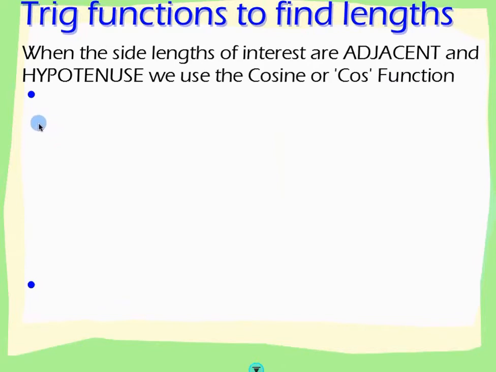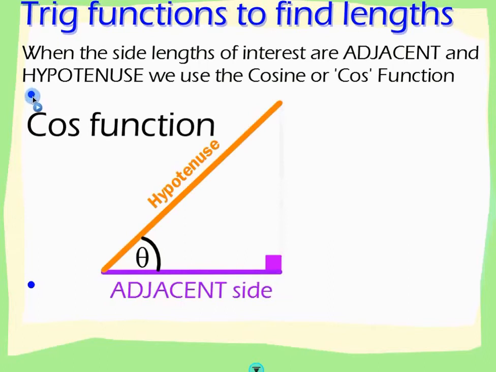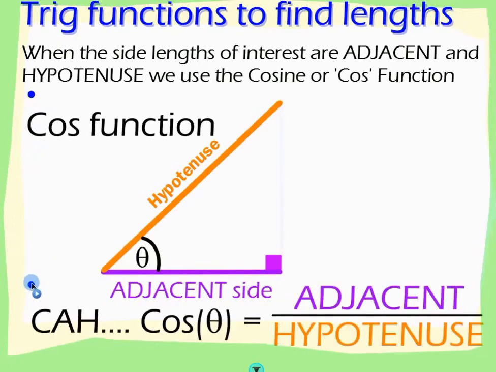When the sides of interest are the adjacent and the hypotenuse, we use the cos function, because the cosine of this angle is equal to the ratio between the adjacent length divided by the hypotenuse length. And I say ratio, but it's a ratio expressed as a divide sum, or what we call a quotient.